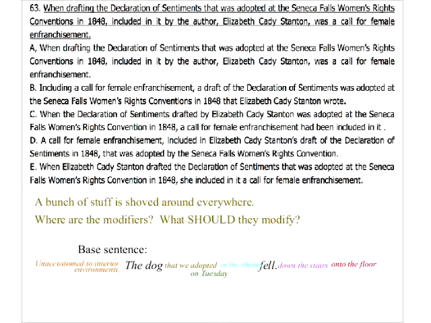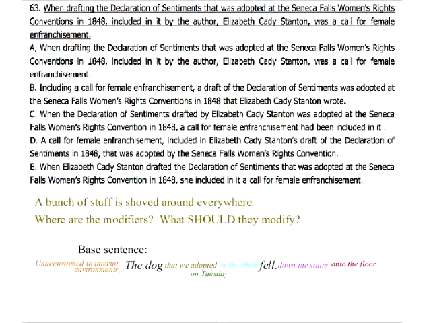So, okay, we now have 1, 2, 3, 4, 5, 6 modifiers, but there's still a sentence, which is the dog fell. So when you look at a bunch of stuff shoved around, what you should do is see what's modifiers and what isn't modifiers, and what are the things that are modifiers supposed to be describing.